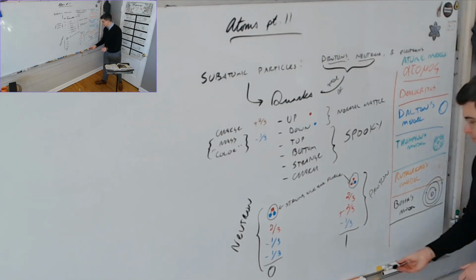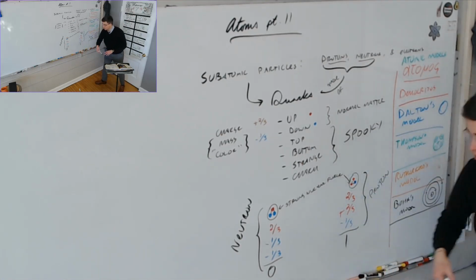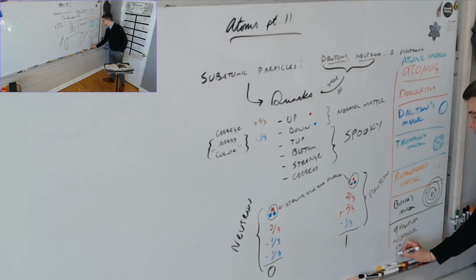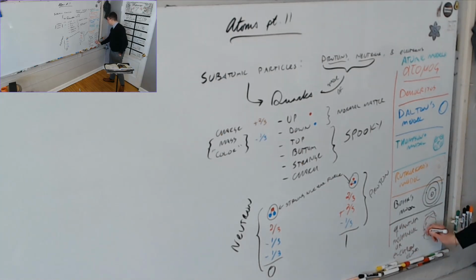And then the modern model, or the one we use today the most, is called the quantum mechanical, or electron cloud model, where it's the nucleus in the middle, and then there's just kind of this hazy, it's hard to draw hazy with a dry erase marker, but there's this hazy cloud of electron activity around it.